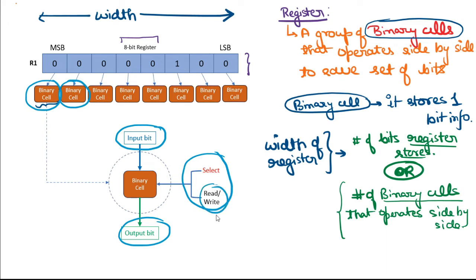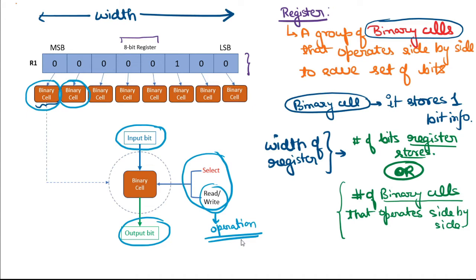Read write is nothing but the operation, and these come from the control unit. So it has an input bit, an output bit, a select line, and a read write line, so it is independent in nature.